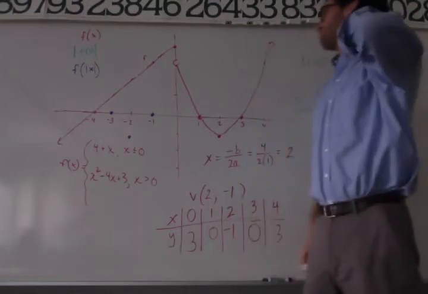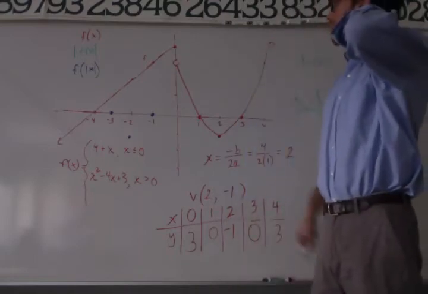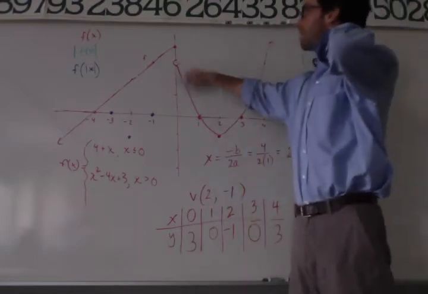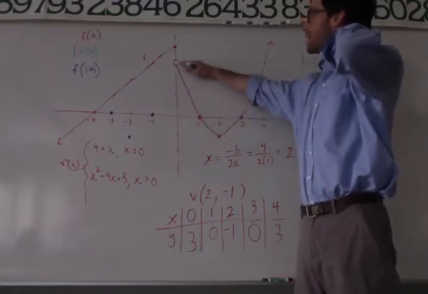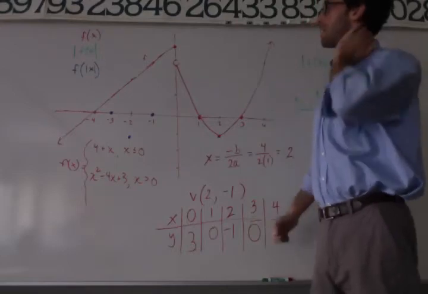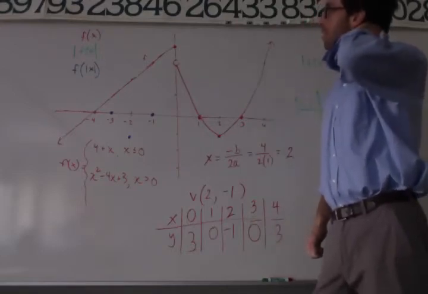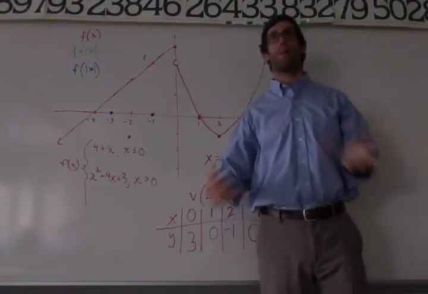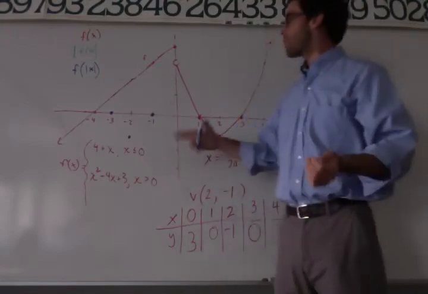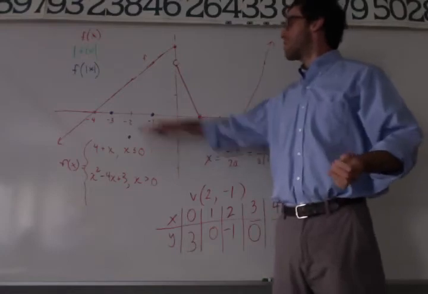But because that point is not really there, 0, 3, let's see. Where x is exactly 0, I guess we still, the absolute value of 0 is 0. Yeah, so I guess we would have to follow still this function.